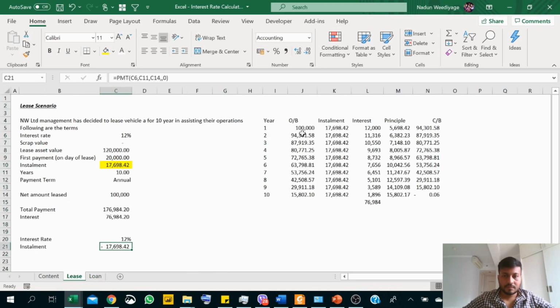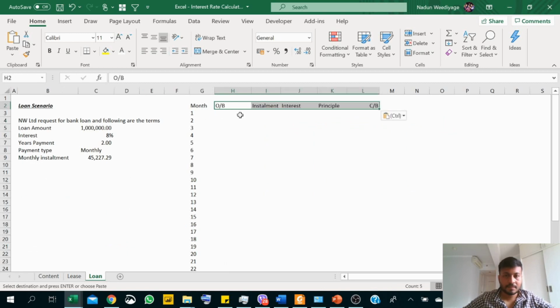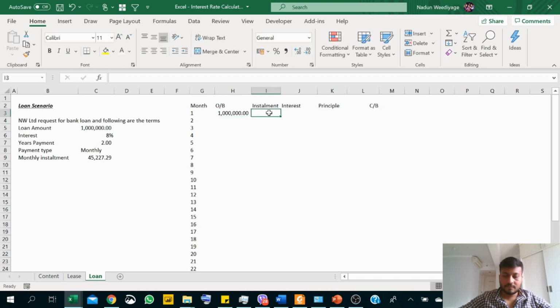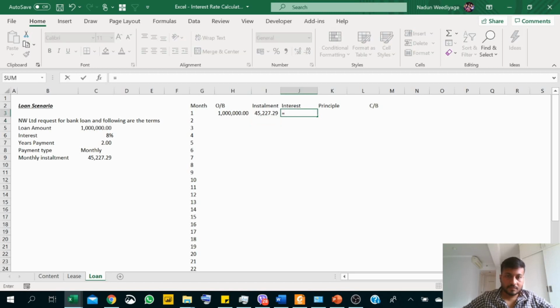We'll copy paste from here, which would be more or less the same. And the opening balance, which you will have, is 100,000, and the installment that you're paying on a monthly basis is 45,000, and the interest rate would be this into 8%.